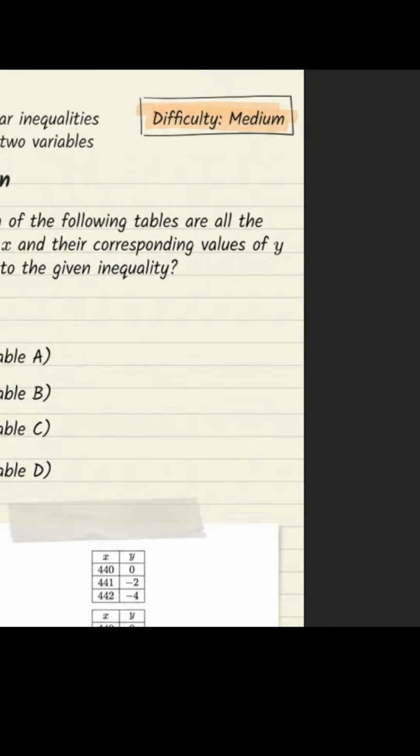So the inequality is that 2x minus y is greater than or equal to 883. So this is the inequality.